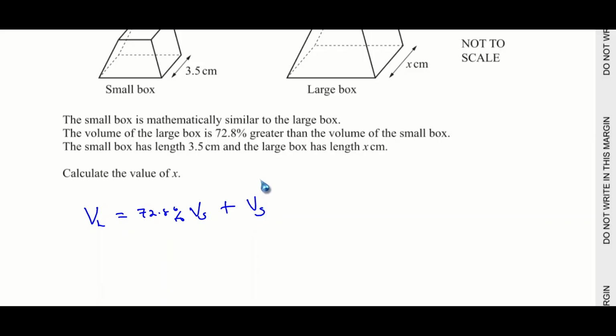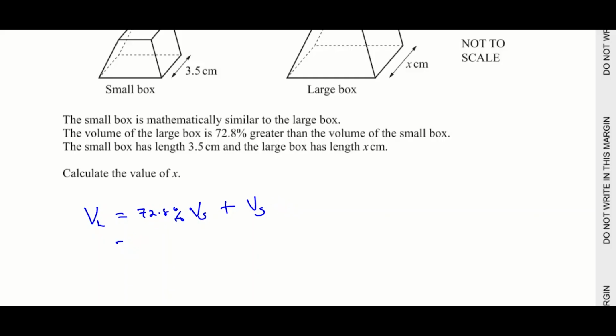When you find 72.8% of the volume of the small box and add it to this, that is when it will be 72.8% greater. This is very important.